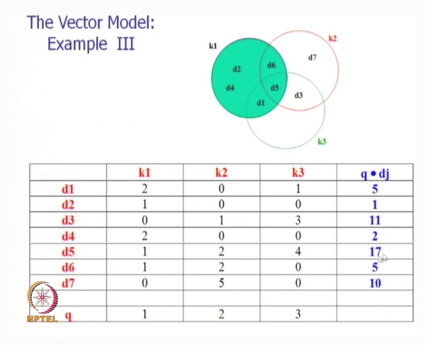Again we see D5 is the winning document, but D1 and D6 scores have now become the same. D7, which was nowhere before, has got a high score now and is beating D2 and D6. So, this is the effect that the terms have when they are weighted.